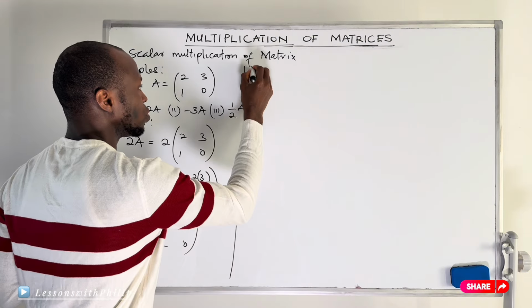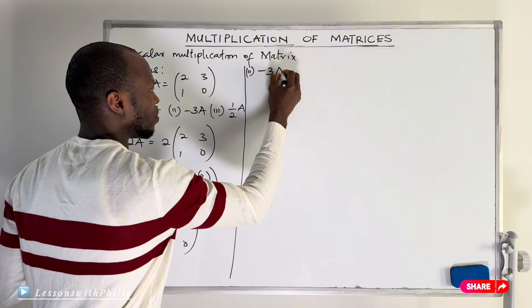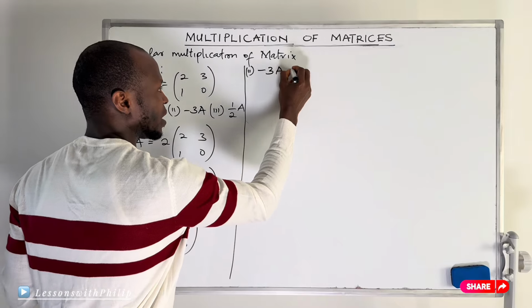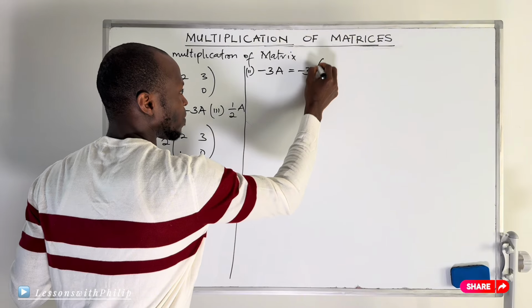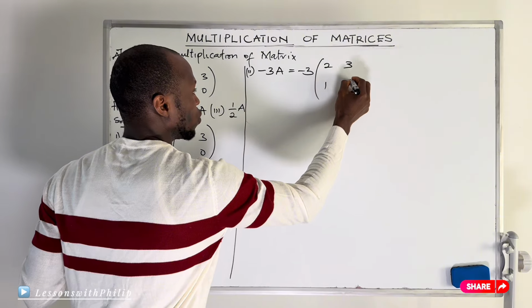Example 2, we have to multiply minus 3A. Multiply minus 3 with matrix A. That will be minus 3 multiplied by matrix A, which is 2, 3, 1, 0.